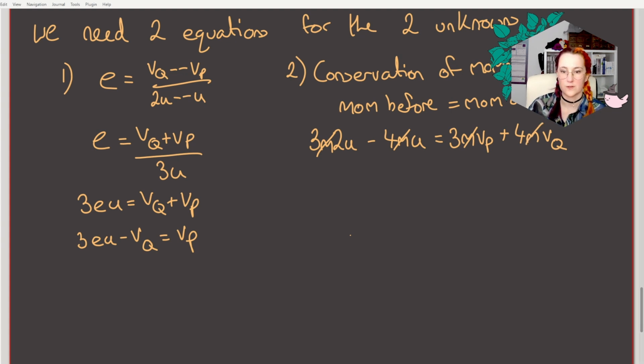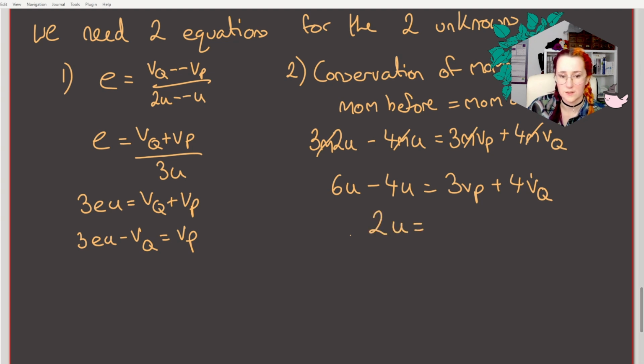So then we end up with 6u minus 4u is 3vp plus 4vq. So we get 2u is 3 lots of, and then I'm going to plug that equation in over here, 3eu minus vq plus 4vq.